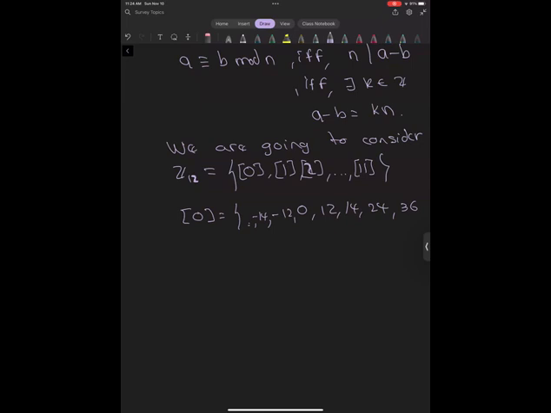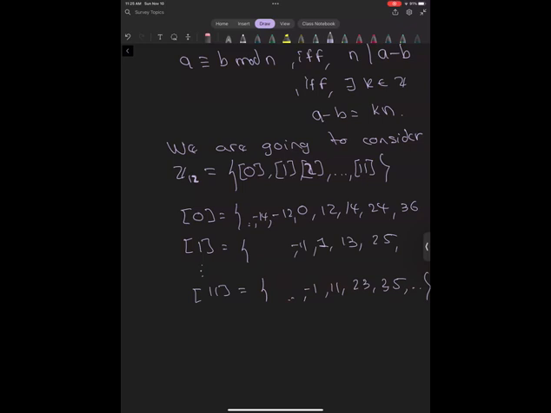Then we have the 1 class: 1, 13, minus 11, 25, etc. Then you go all this way, and this is 11: 11, minus 1, 23, 35, and so on.